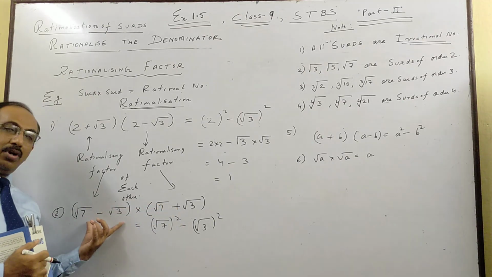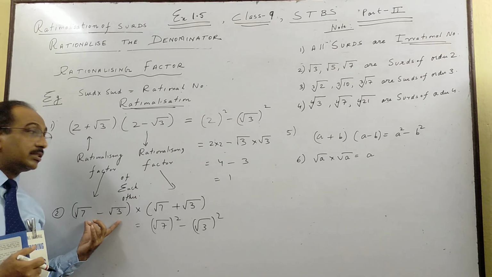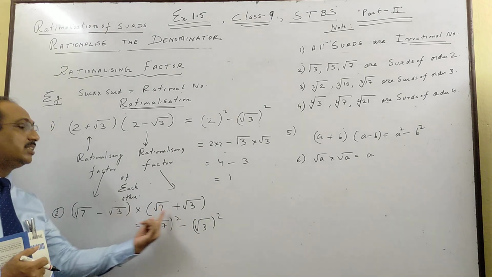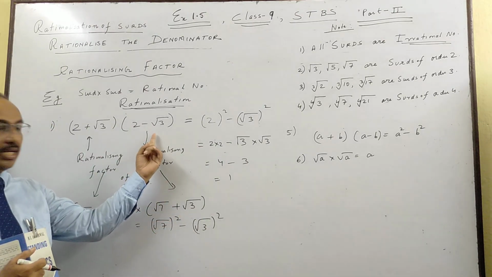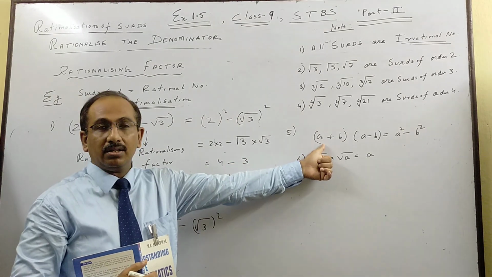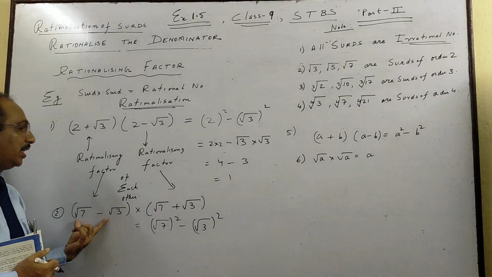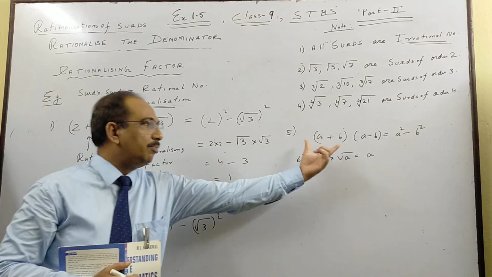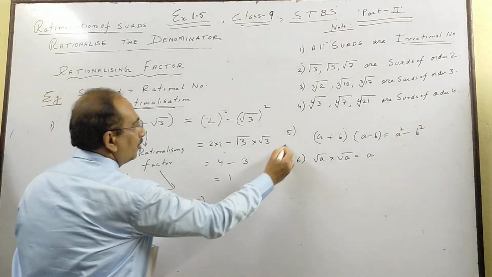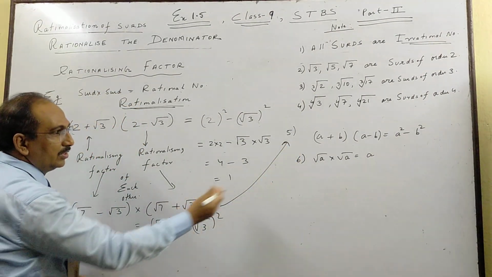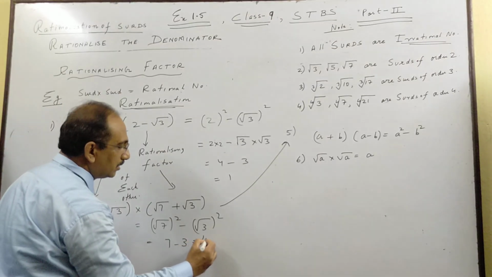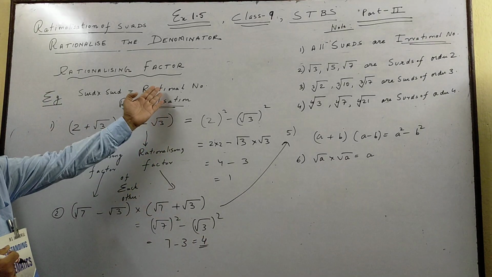If you have root 7 and root 3 to rationalize, we multiply with root 7 plus root 3. We change the sign: if plus is given we take minus, and when we have minus we take plus, so that we come into the format where (a minus b) into (a plus b) gives a square minus b square. This is the formula we are using. Root 7 square, as I told you, is 7 and root 3 square is 3. The answer is 4, which is a rational number.